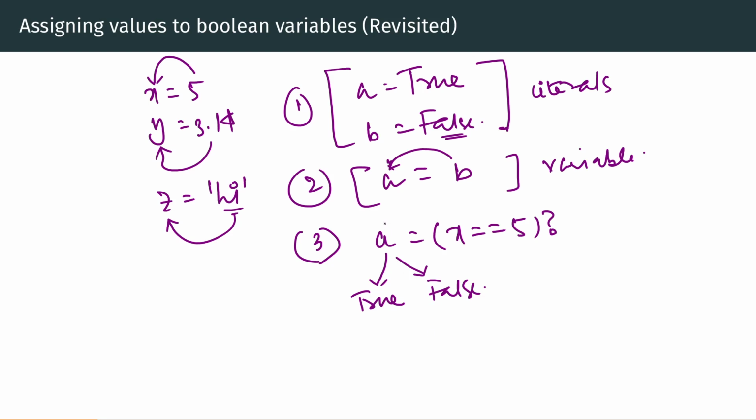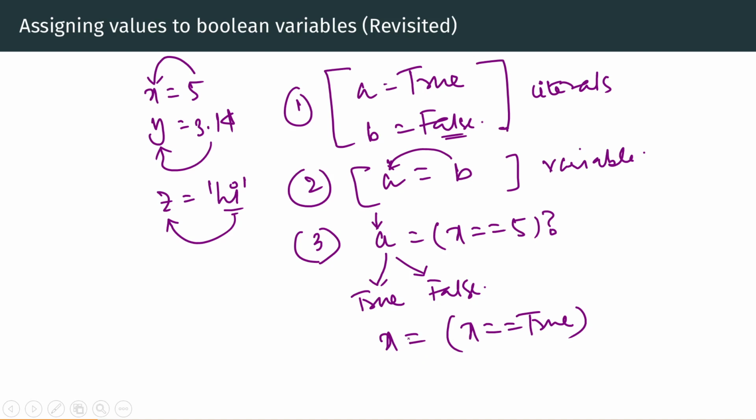So you can actually use Boolean variables to store a true or false value based on the result of some Boolean expression. So you can say things like x equals x equals true. This would mean if x is true, then x is true.